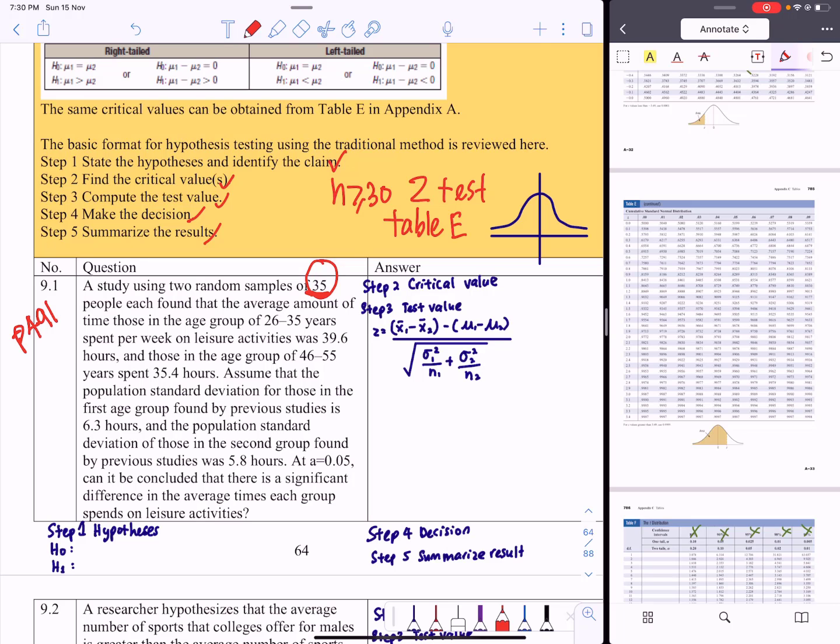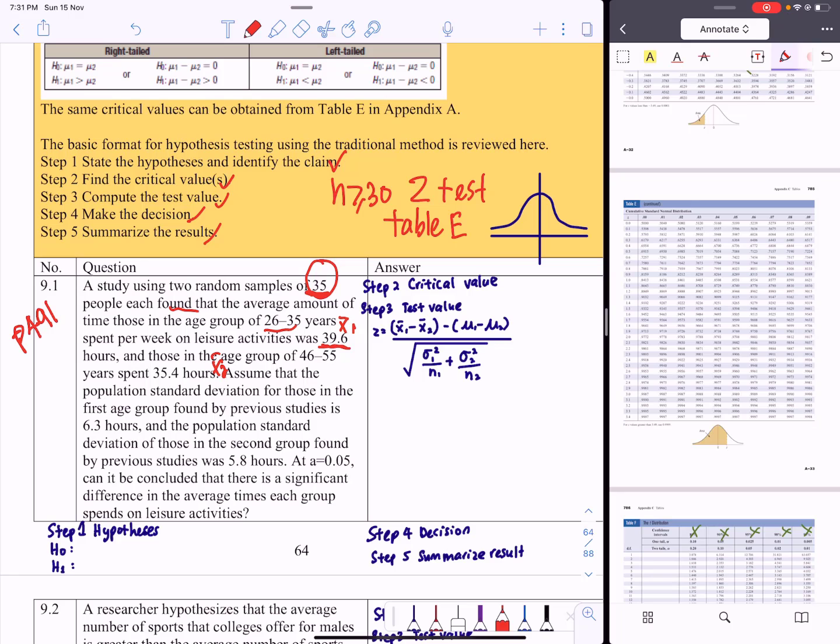A study using two random samples of 35 people each found that the average amount of time those in the age group 26 to 35 years spend per week on leisure activity is 39.6. This is mean 1. Those in the age group 46 to 55 spend a mean of, this is mean 2.